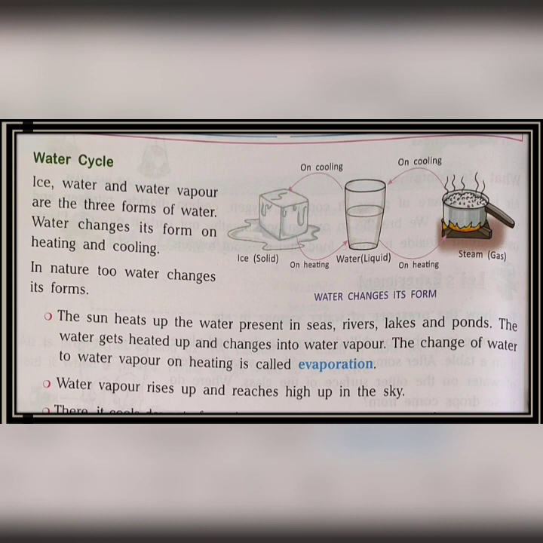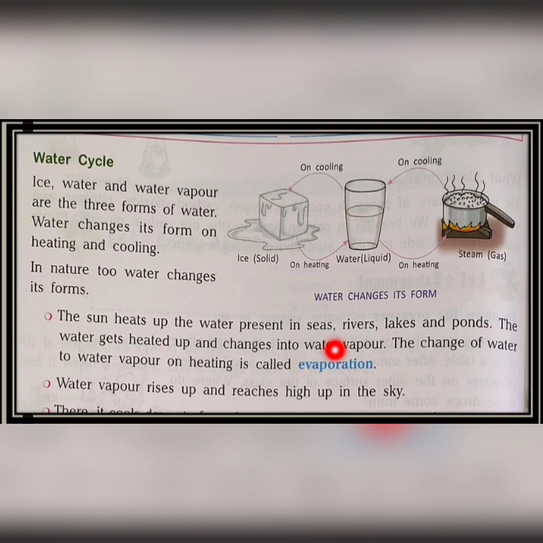Evaporation takes place naturally also. How? Let us know that. When the sun heats up the water present in seas, rivers, lakes and ponds, the water gets heated up and changes into water vapor. The change of water to water vapor on heating is called evaporation.